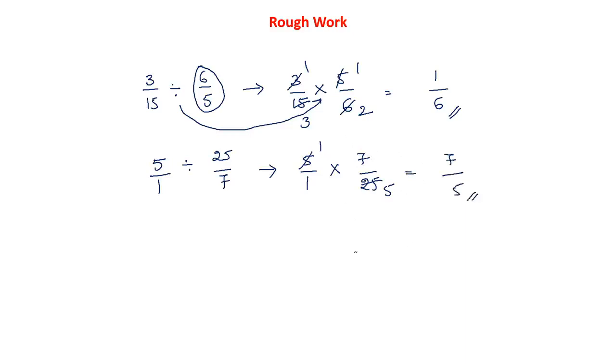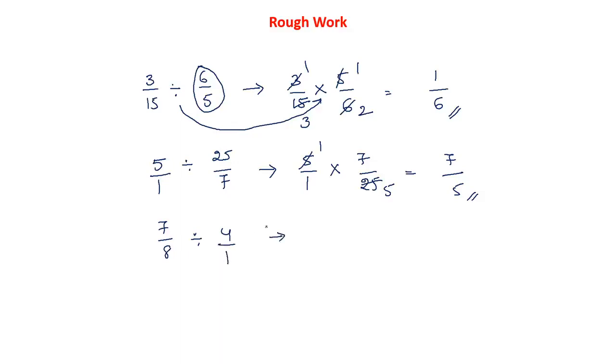For example, the problem is like this: 7 by 8 divided by 4. Here also the same procedure. Convert this 4 into a fraction by writing 1 in the denominator.